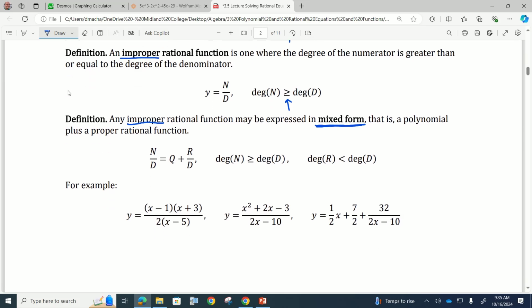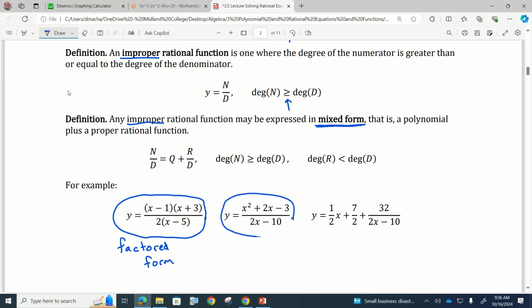And here is an example. It's one of those moments in class where we say, we can write exactly the same function in different ways. We can write it down in a factored form. We can write the exact same function down in an expanded form.